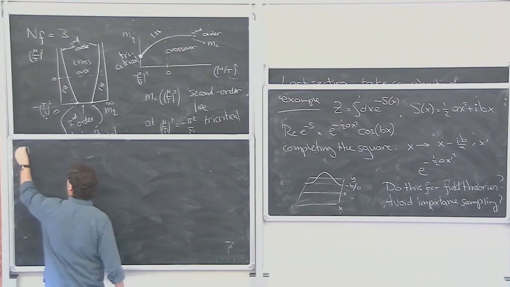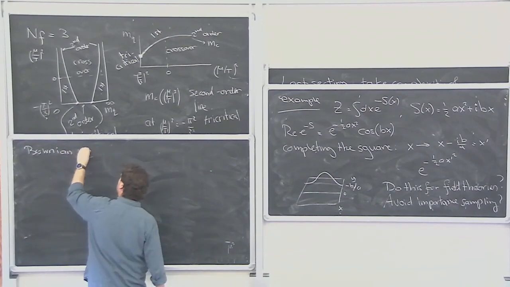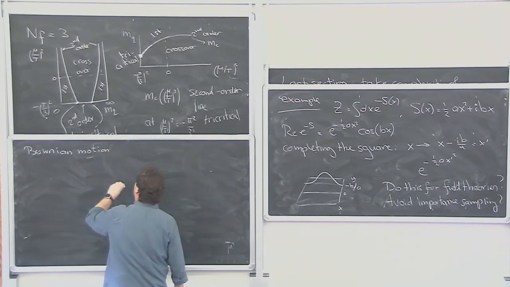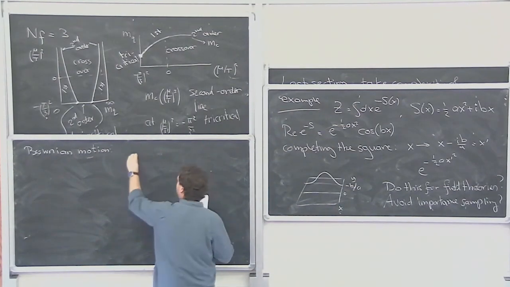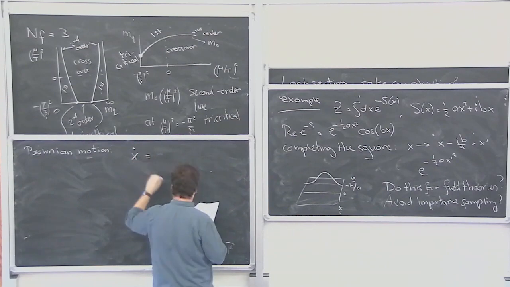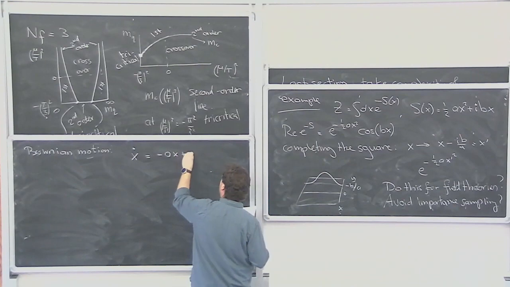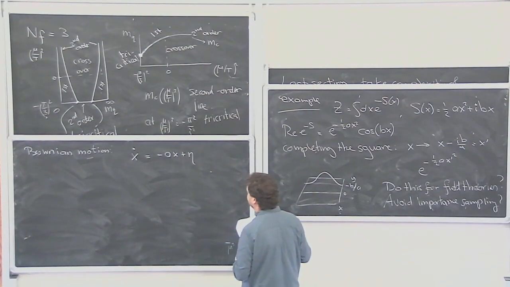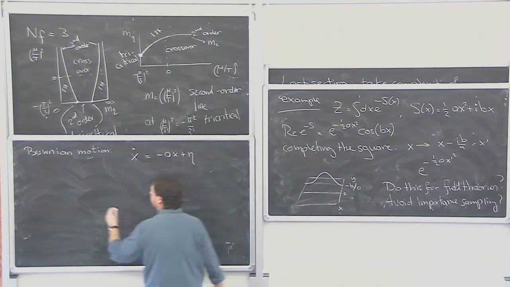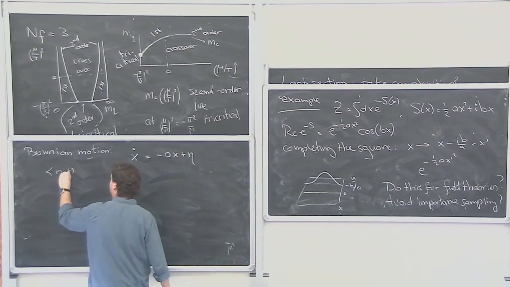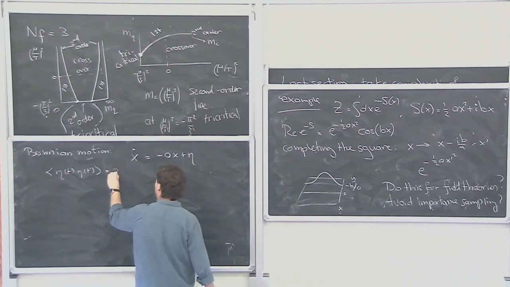So let's consider Brownian motion. And I have some kind of equation, say x dot, where dot is the time derivative, equals minus a x plus eta. And everything depends on time. And the noise here is just some simple Gaussian noise, which is normalized in a certain way.